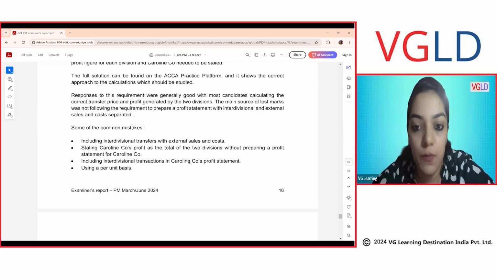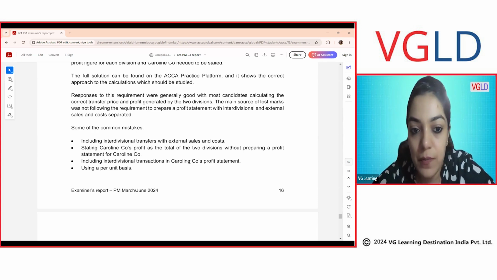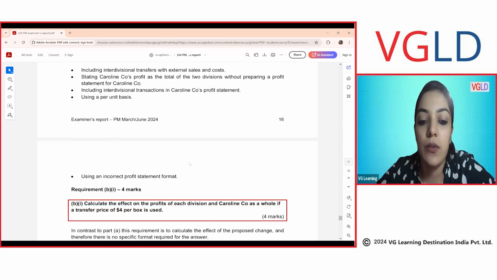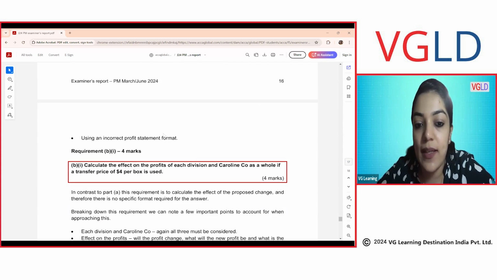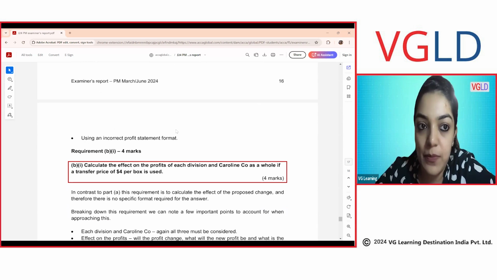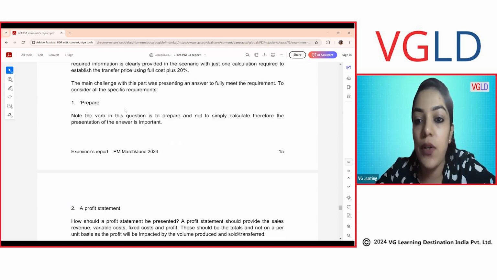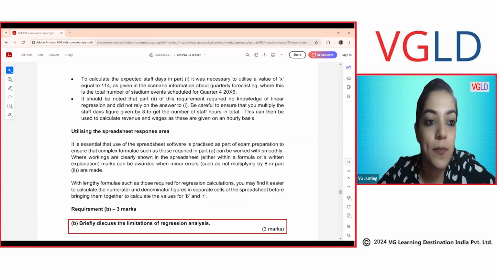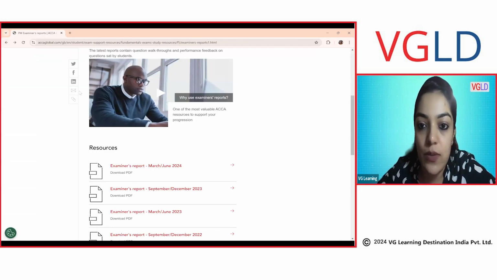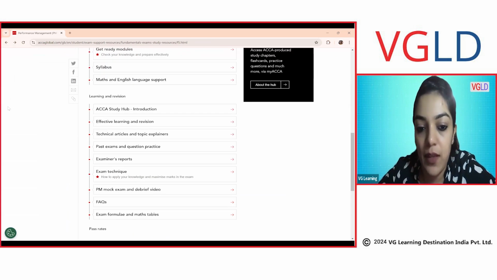And you have to do what is good and ignore what is not. Okay. So this is using an incorrect profit statement format. So this is something you can refer to. I hope it is clear. So it's just for your knowledge that this is a resource which is published by ACCA Examiner's Team.